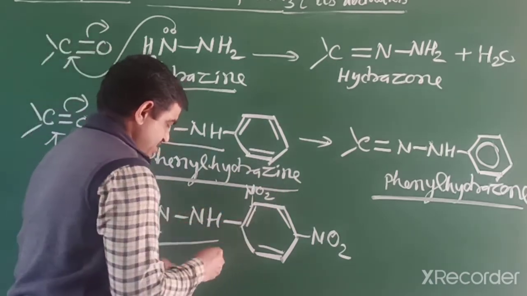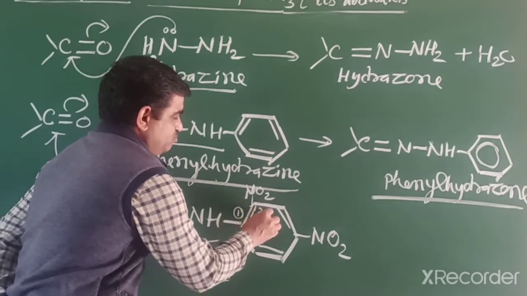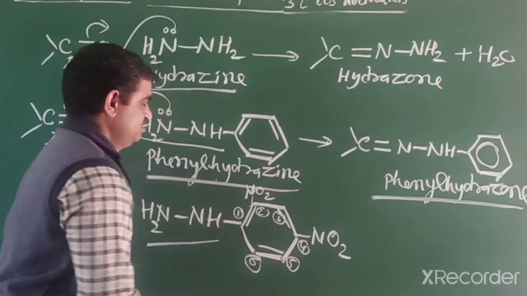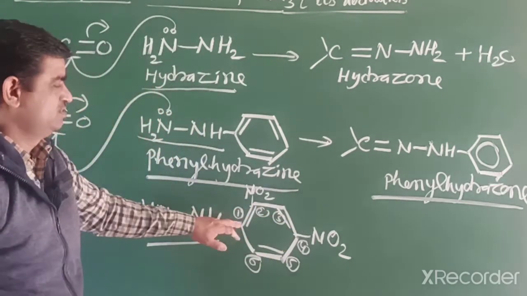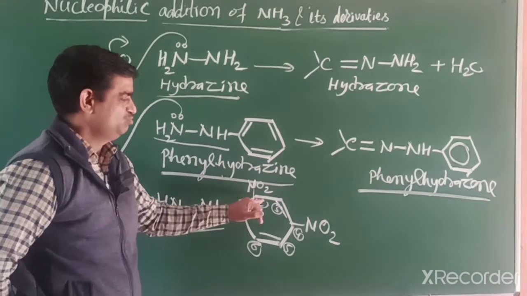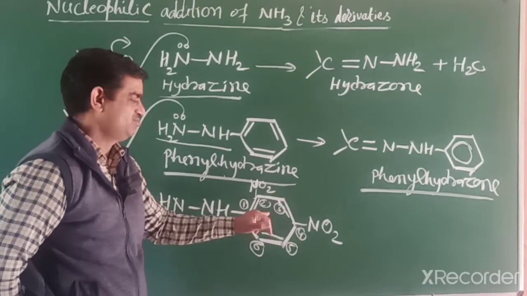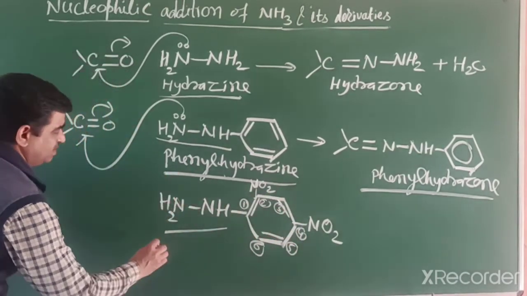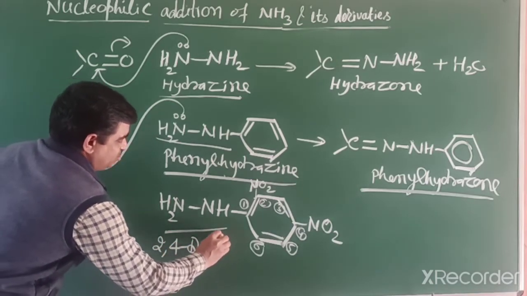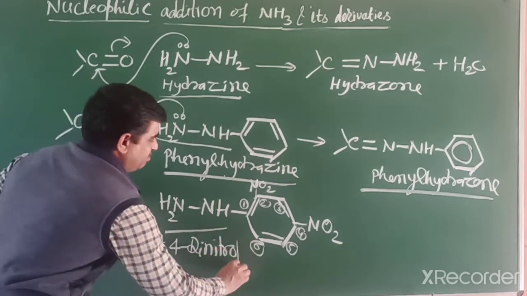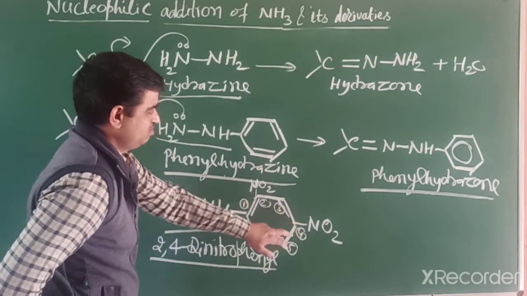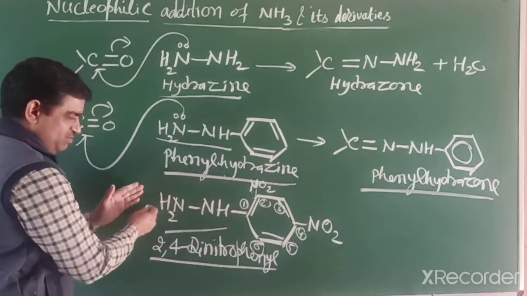Further we start numbering 1, 2, 3, 4, 5, 6. At the second and fourth positions, the ortho and para positions, two nitro groups are attached. So its name is 2,4-dinitrophenyl hydrazine.